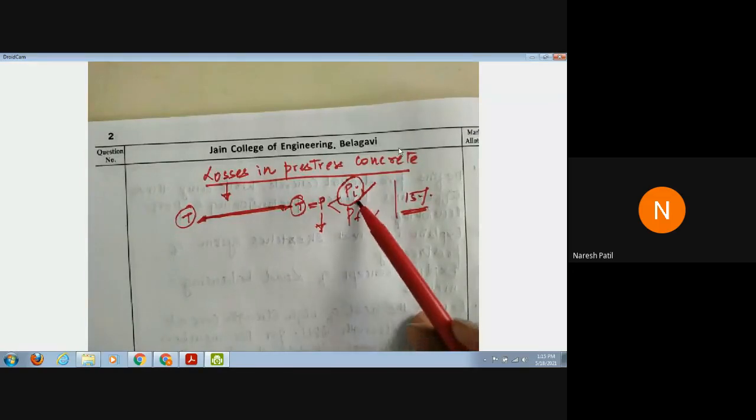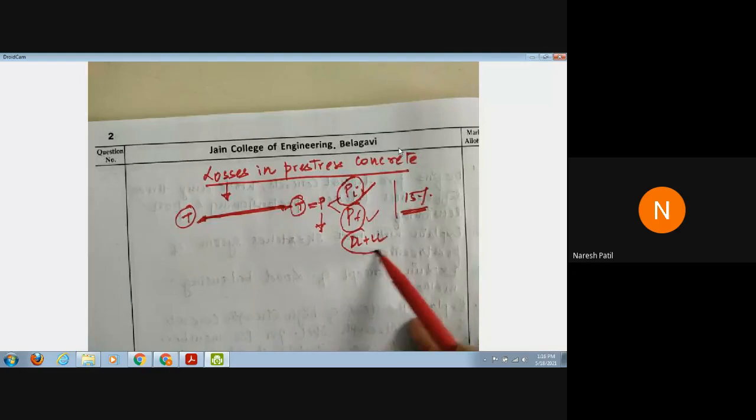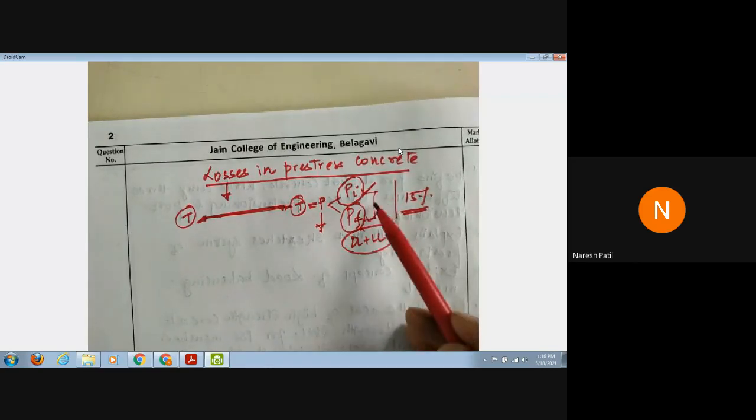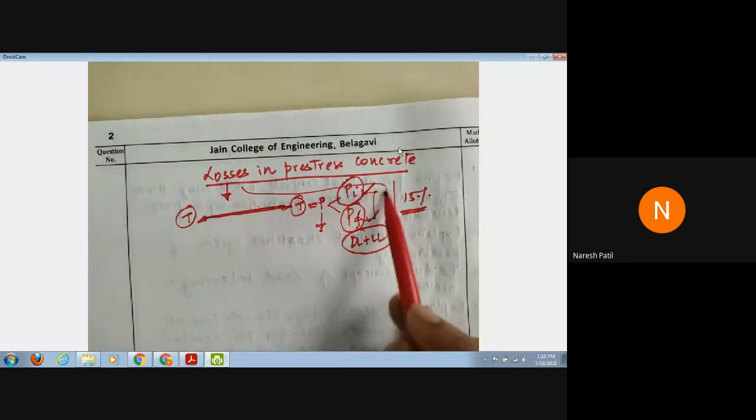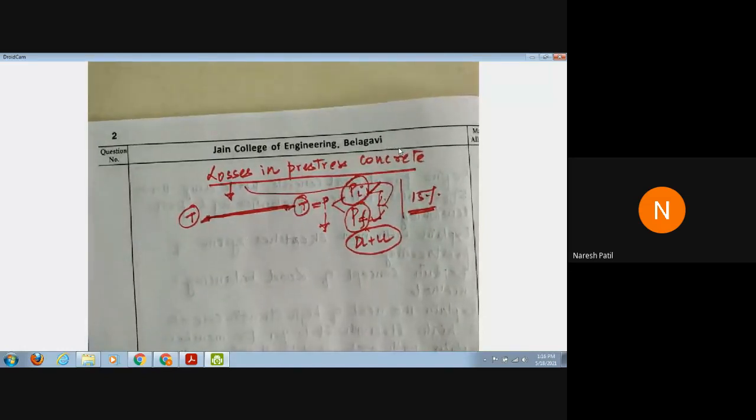But the force measured at the transfer stage, when the dead load and the live load are considered, when a member or structure is subjected to dead load, live load and other types of loads, that time when the final pre-stress is measured, there will be a difference between initial pre-stress and final pre-stress. That is nothing but the loss in pre-stress.